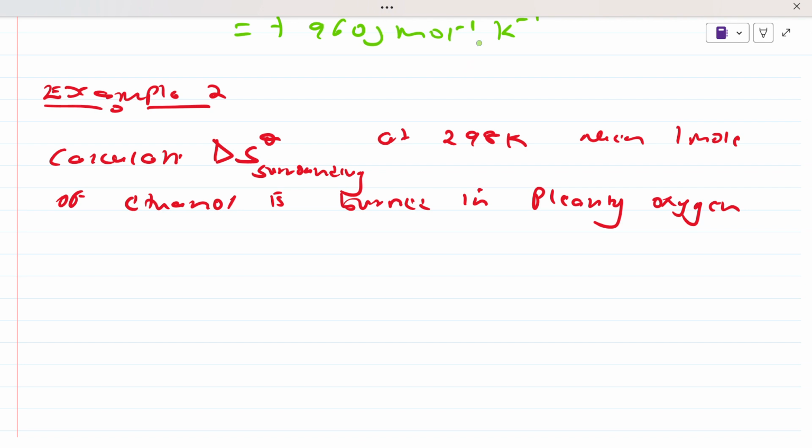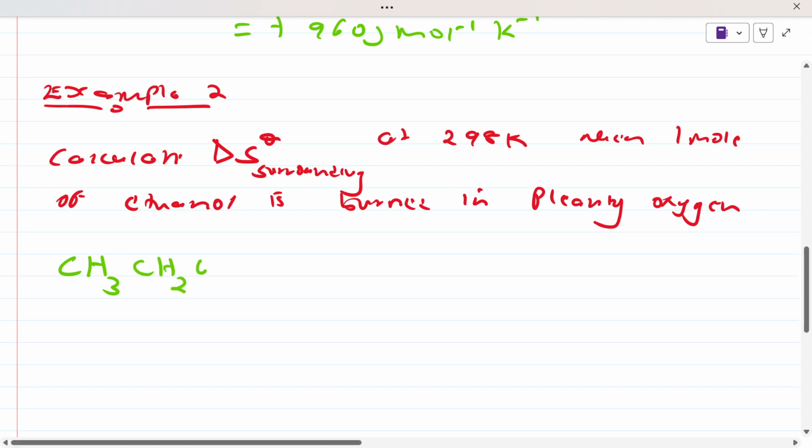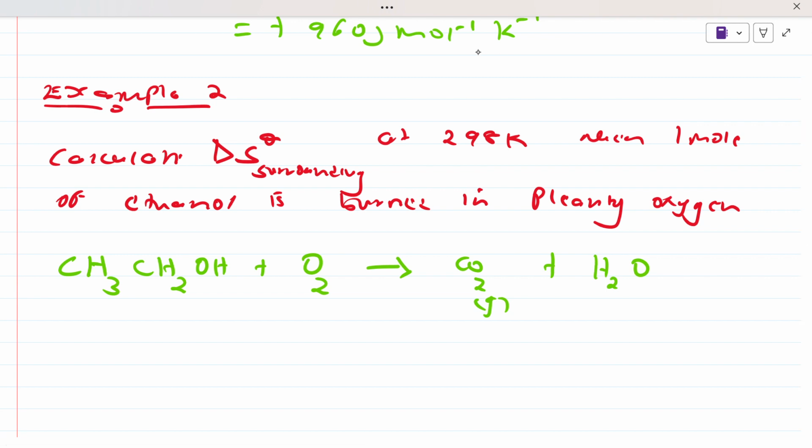And we are given a reaction here. So I'm going to have ethanol, CH3CH2OH, reacting with oxygen gas to give me CO2 gas plus water. When you balance the equation, I'm going to put a 2 here because I have 2 carbons on the other side. And since I have 6 hydrogens on the other side, I simply have to bring a 3 here to make hydrogen 6.